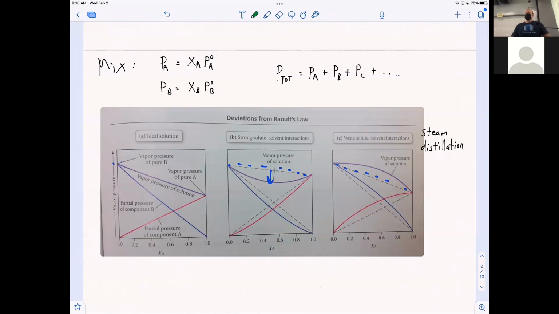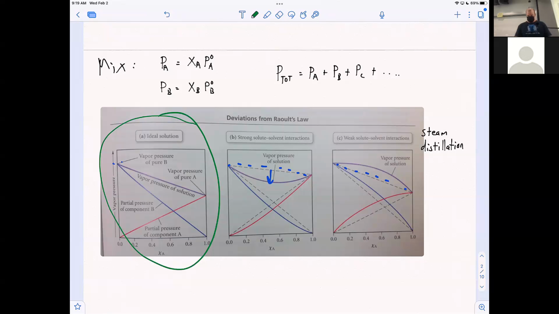And if you have a solution with 2 or more, then you just add them up like that. And here are 3 cases. Here's the ideal solution, where the solutions mix and all the vapor pressures add perfectly. Alcohol and water behave very ideally like this.